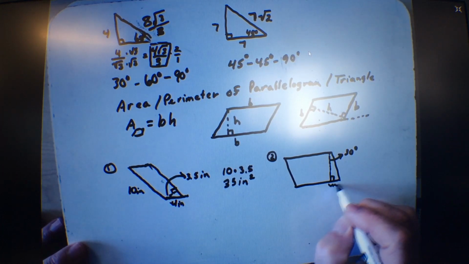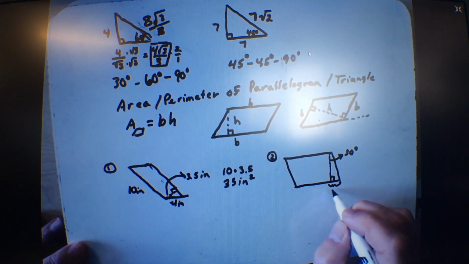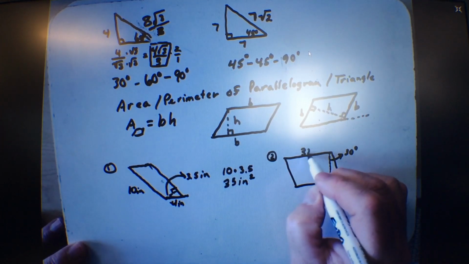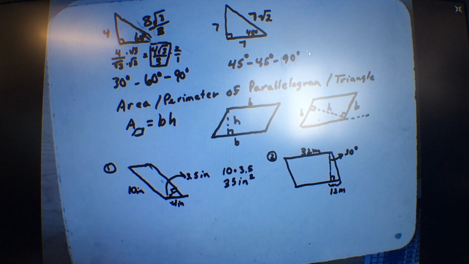We have this distance here is 12 meters, and this is 32 meters. Okay. Now, what are we missing? If we want to find the area of this parallelogram, what are we missing? The height. Okay, can we find the height based on the information that we're given? How do we do that?